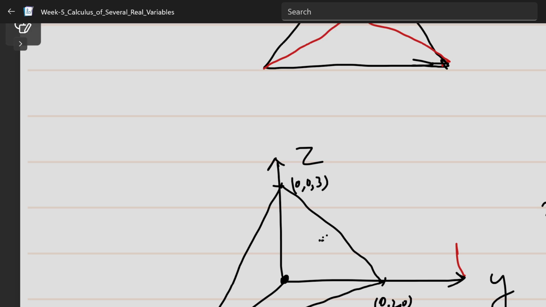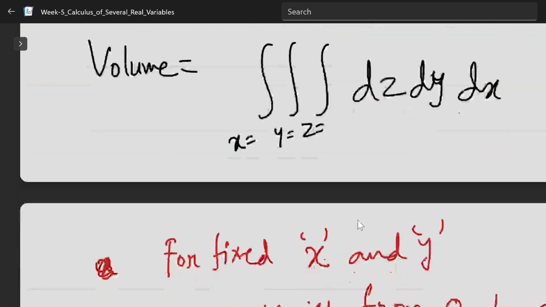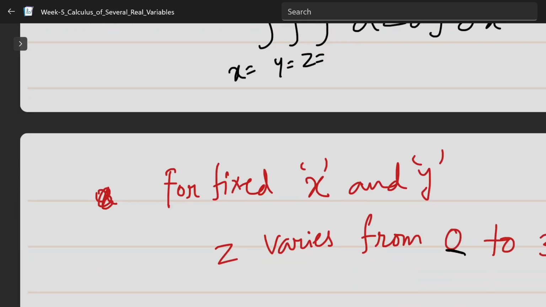This is a 3D picture, so I can only explain it like that. You have to visualize this because I'm drawing a 3D picture on a 2D plane. So z varies from 0 to this, and then next is y. For fixed x, where does y vary?